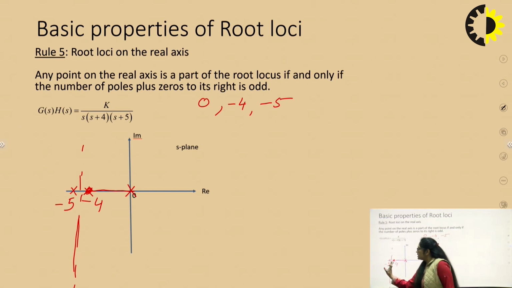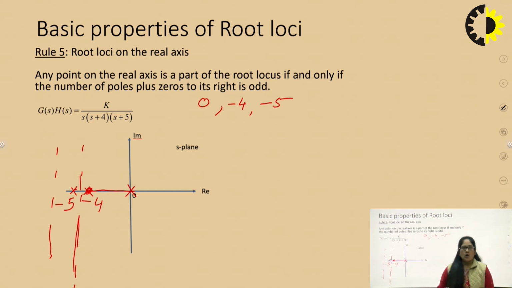But when you move to the left of -5 and look from here, the number of poles plus number of zeros of the system to the right side is an odd number: 1, 2 and 3. Therefore, this part is part of the root locus. So, this property lets us know which part on the real axis is part of the root locus.